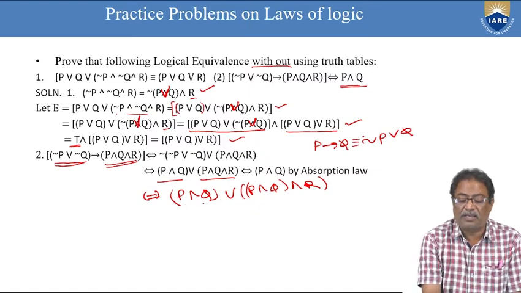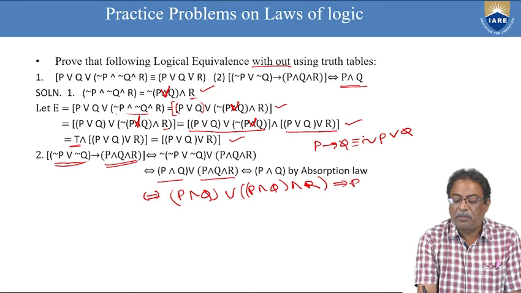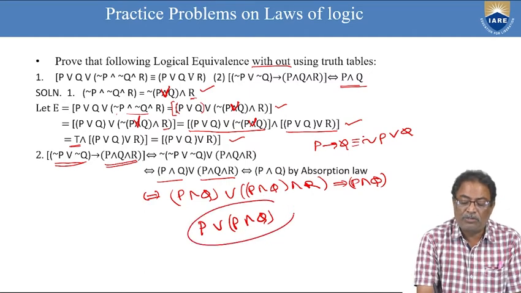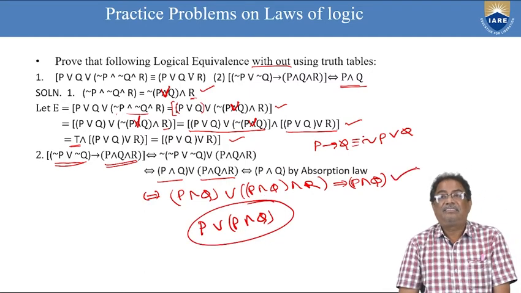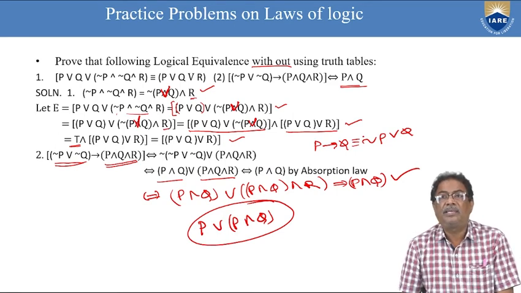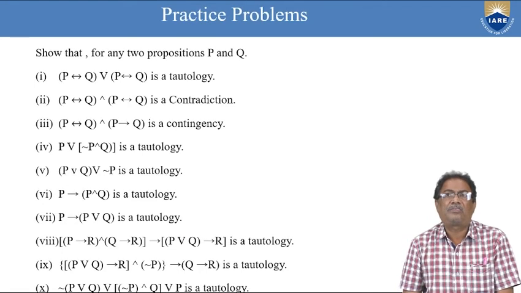By using the absorption law, P or (P and Q) is equal to P. So for that reason, by using the absorption law, this is equivalent to P and Q. By using this law, we get this result. So this is the absorption law, and by using that, we get the final form. Now these are some of the practice problems.